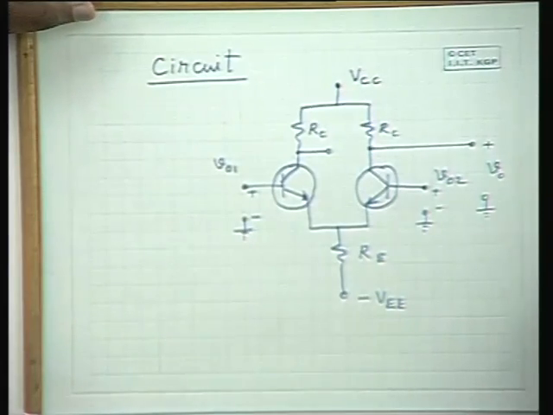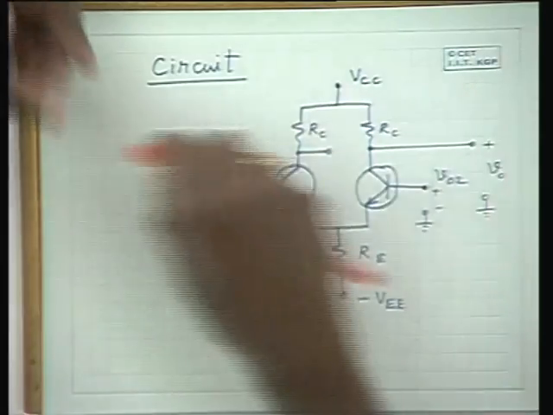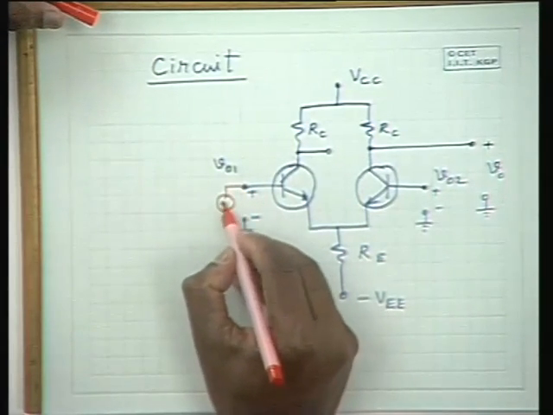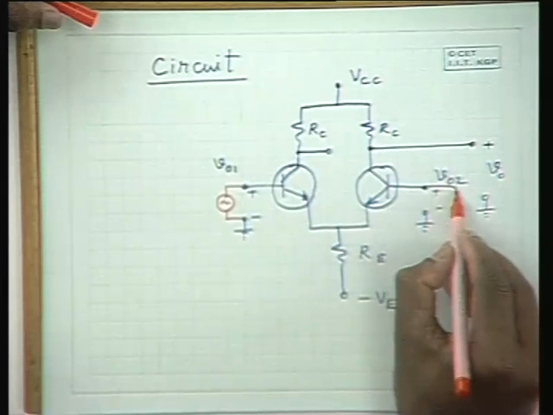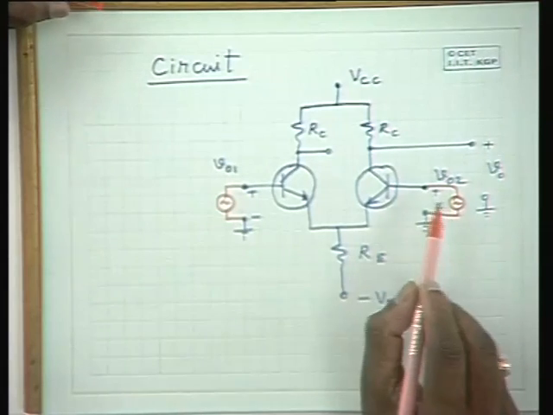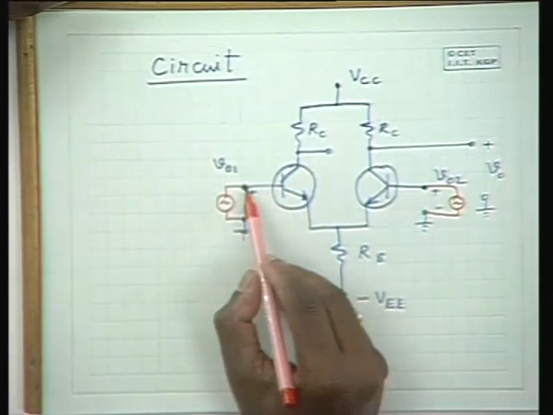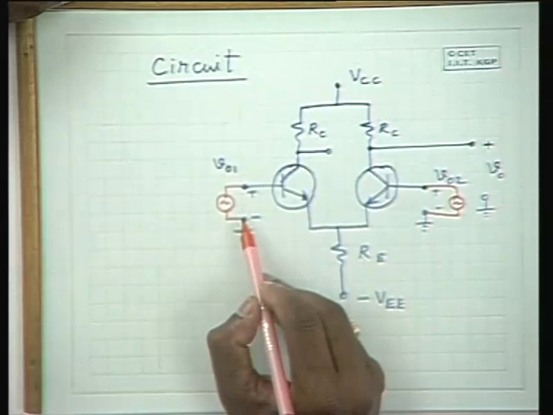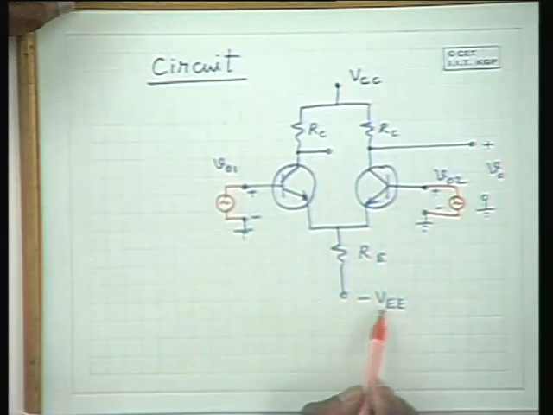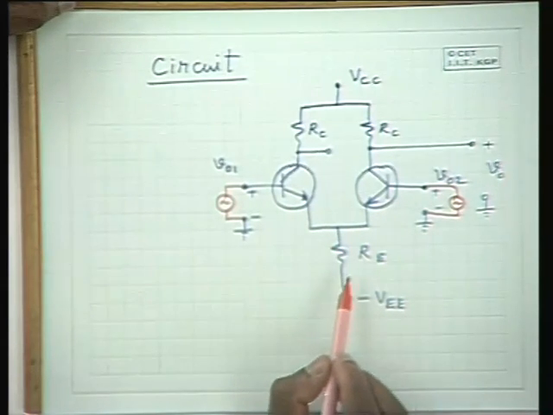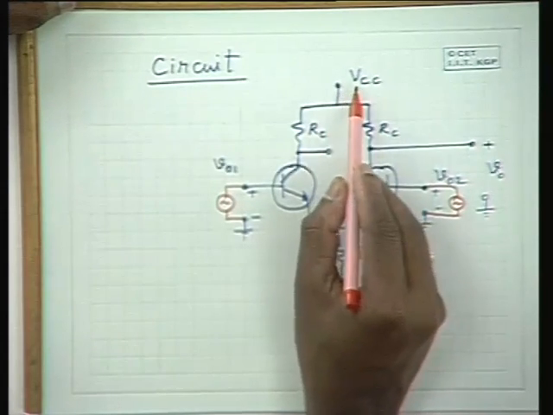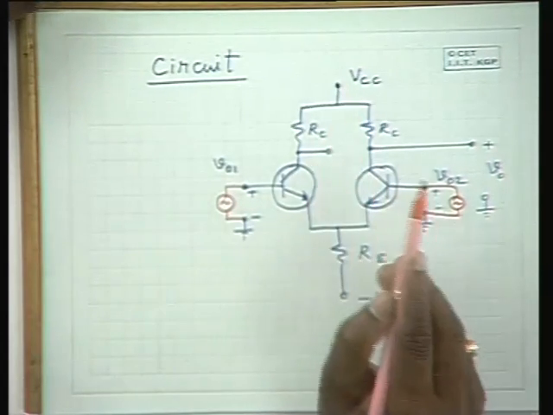Now we apply input alternating signals over here, and over here. In the absence of an alternating signal, the base is connected to the ground and the emitters are connected to a negative supply through RE, and the collector is connected to a positive supply through RC.